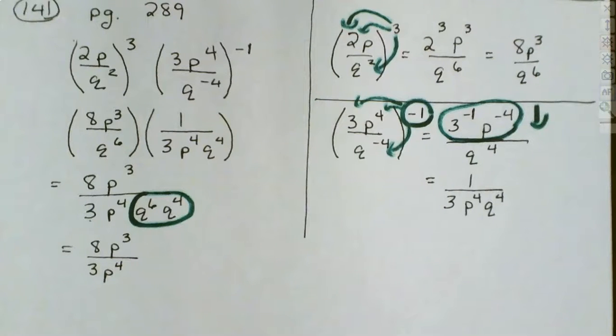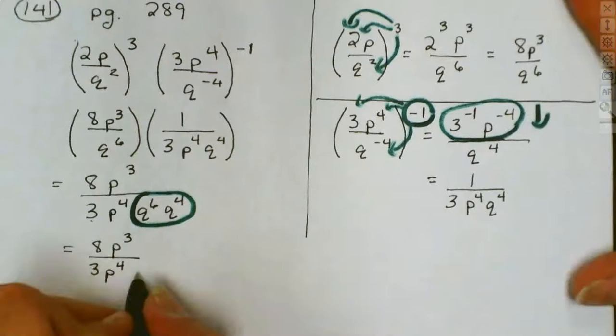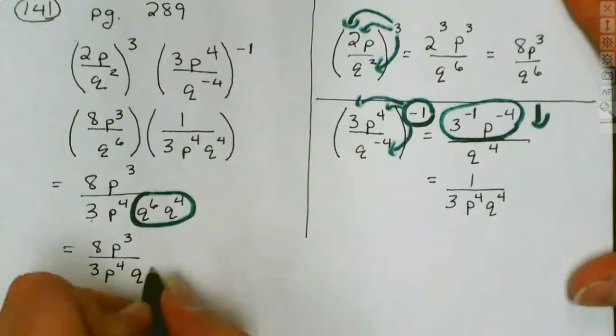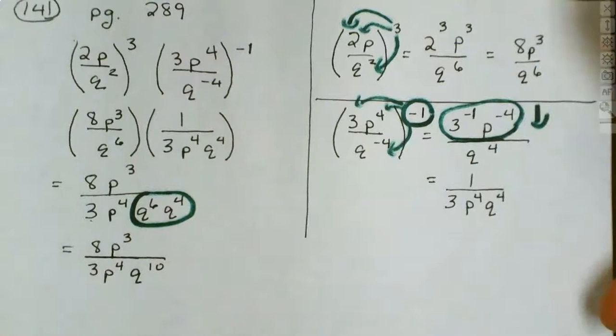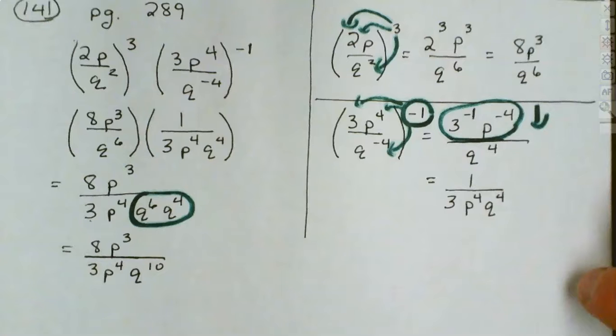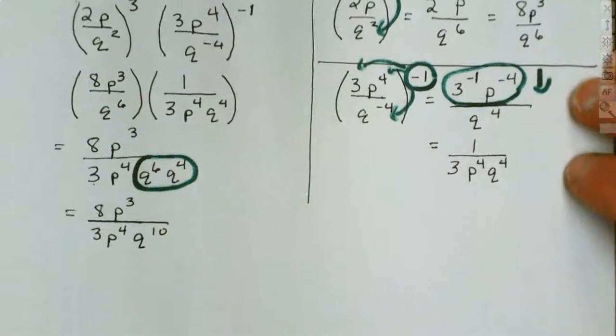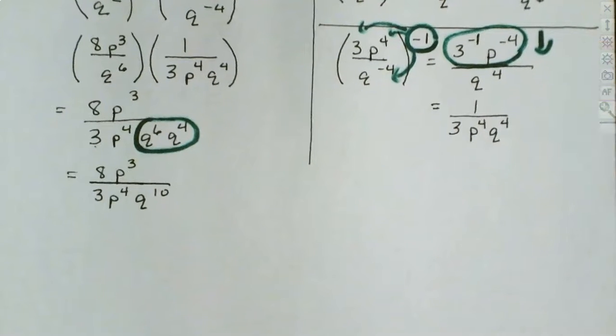No. So that means we're going to apply our product rule. And what does the product rule say? When we multiply, the exponents add together. So that gives me now q to the 10th power. So the only time that we multiply these exponents is when we have parentheses. And we don't have them here, so we're going to just add them together.